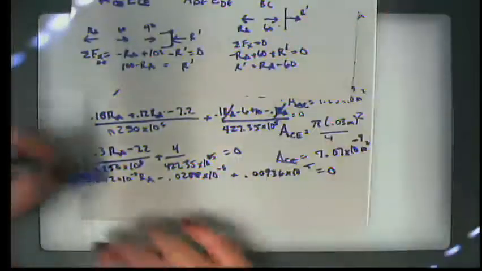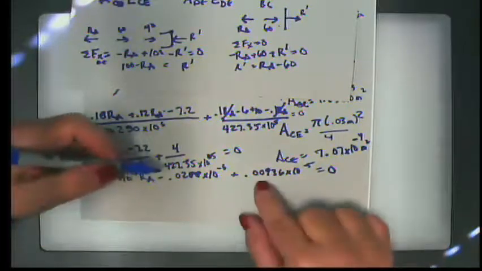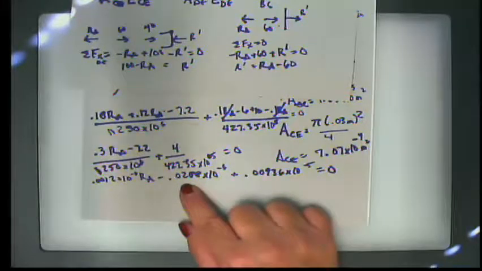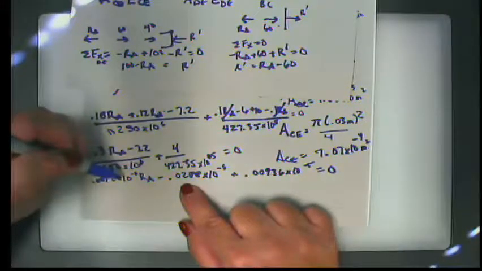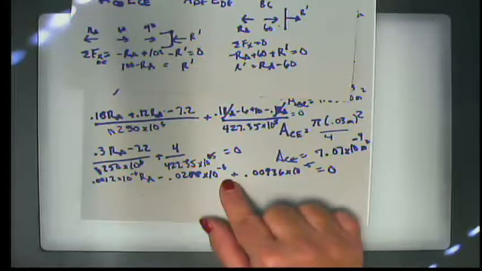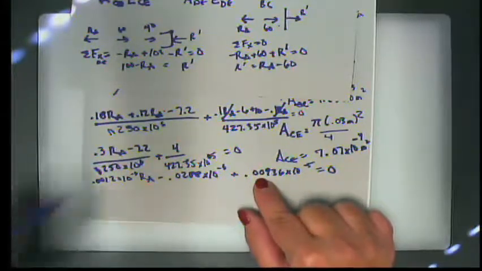Okay, so then what you can see is that we have a number multiplied by r sub a, and I can bring these two over to the other side. So I have 0.0288 plus 0.00936, and this is a wee little number.